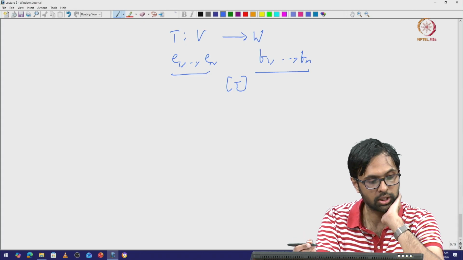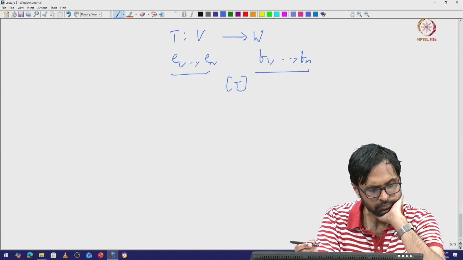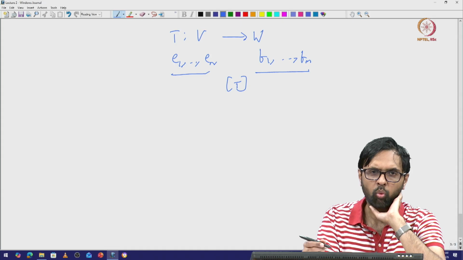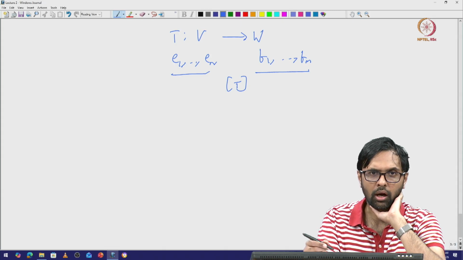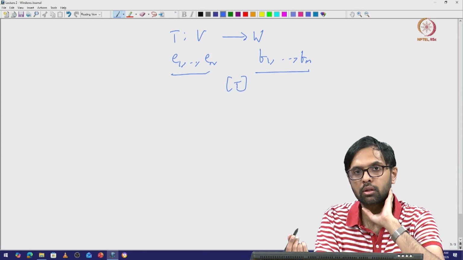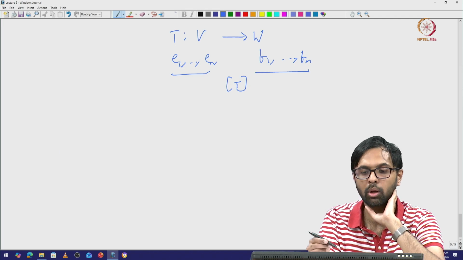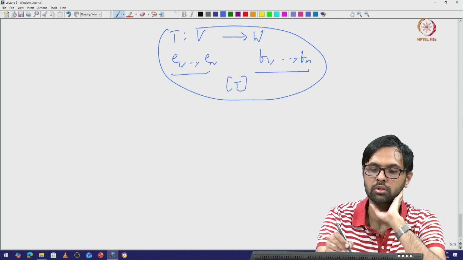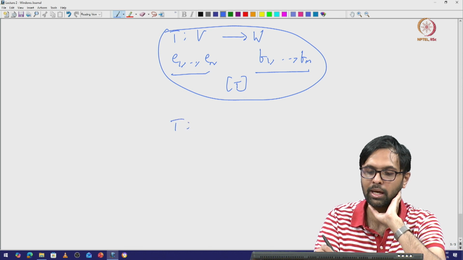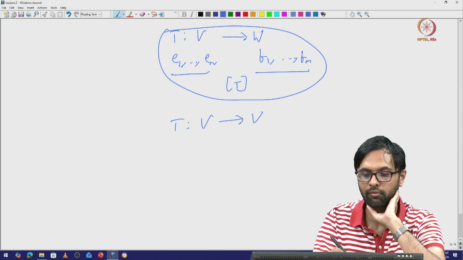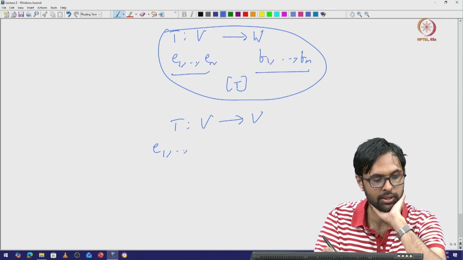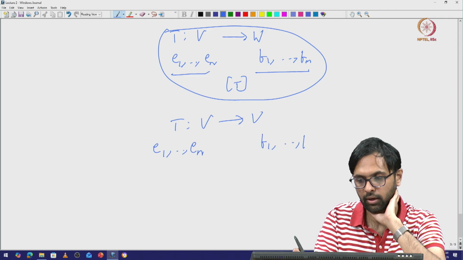And how does it change? What we will do is recall the answer to this question when V and W are the same, because that's the case that we will use often in this course. So suppose you have a linear map from V to V itself, except you're choosing two different bases. Let's call them E1 to En and F1 to Fn.